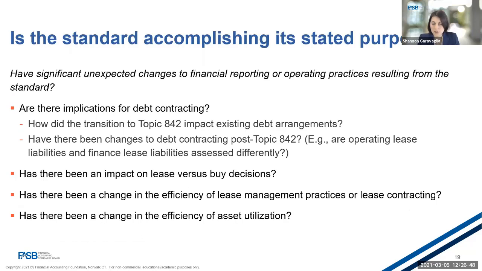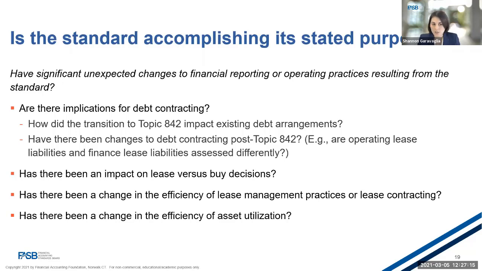The third sub-question that we are interested in is understanding whether there have been significant unexpected changes to financial reporting or operating practices as a result of the standard. The first sub-question here that relates specifically to the leasing standard is whether there have been any implications for debt contracting. And we broke this down into two additional questions. So first is, how has the transition to Topic 842 impacted existing debt arrangements?